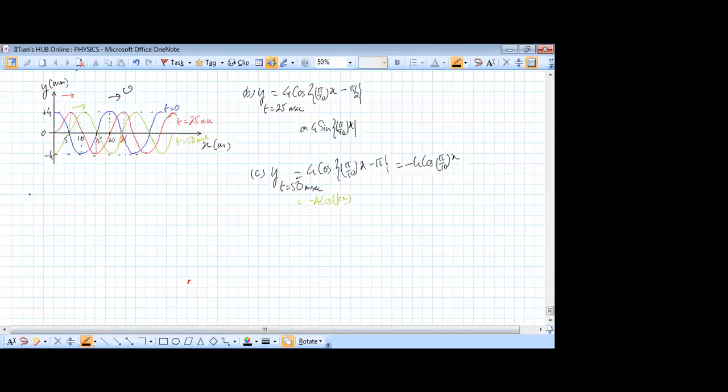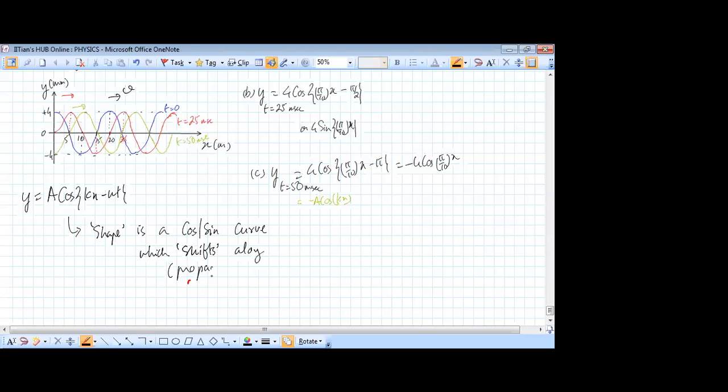So this equation y is equal to A cos(kx minus omega t) has a shape of cos or sine curve, which shifts or propagates along the positive x-axis at v equal to omega by k, which you will see is over here.